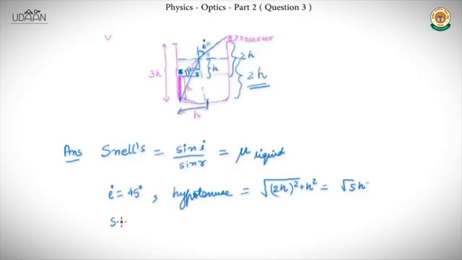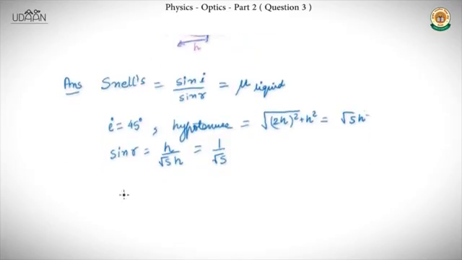So sine R is equals to h by root 5 h, which is equals to 1 by root 5.